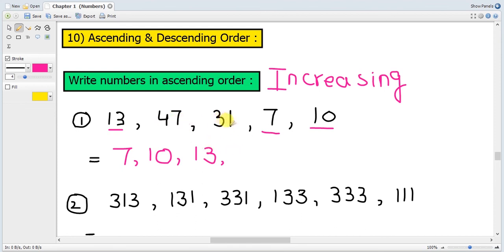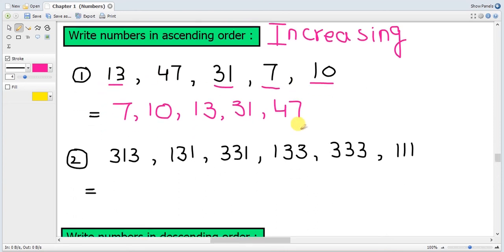Either 31 comes first or 47 comes first. So 31 comes first, so write 31, and at last we will have 47. So we have completed this sequence, right? This is how you write numbers in an ascending or increasing order.